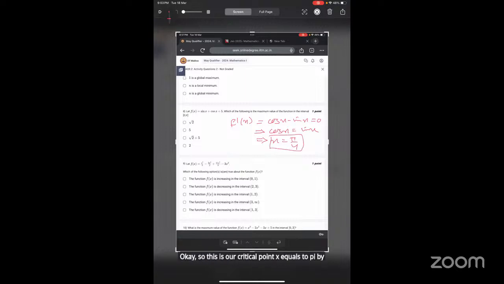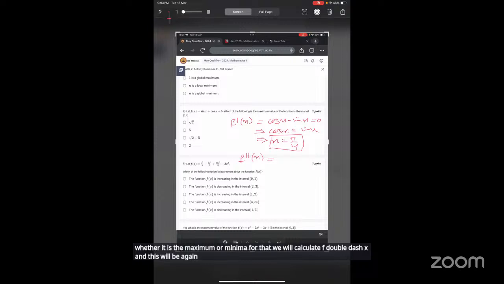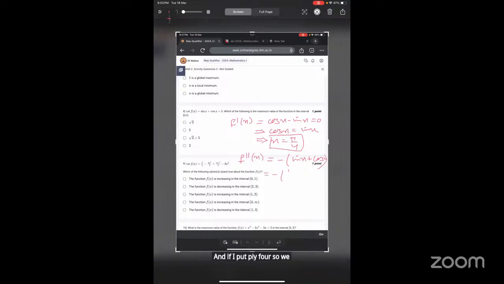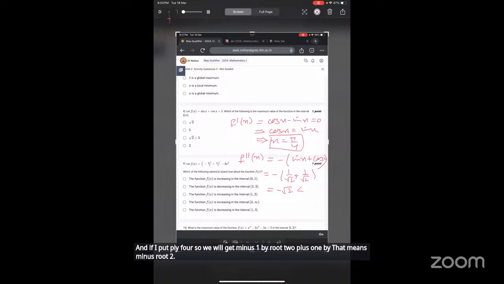Now we will check whether it is the maxima or minima. For that, we will calculate f double dash x, which will again be minus of sin x plus cos x, right? If I put pi by 4, we will get minus 1 by root 2 plus 1 by root 2, that means minus root 2. And this is less than 0.